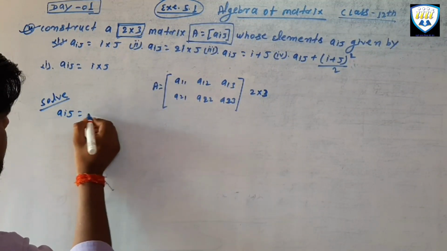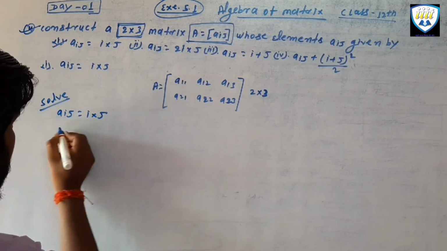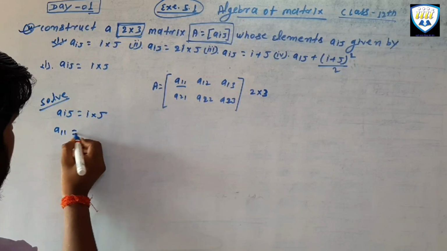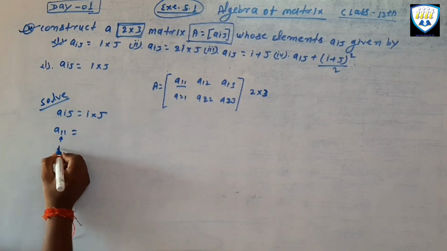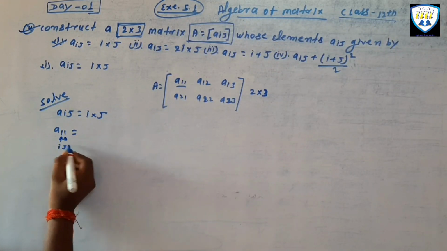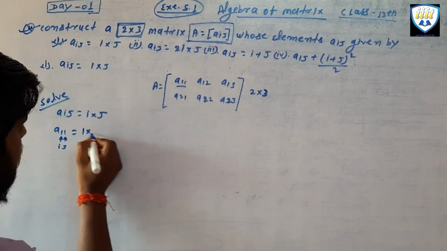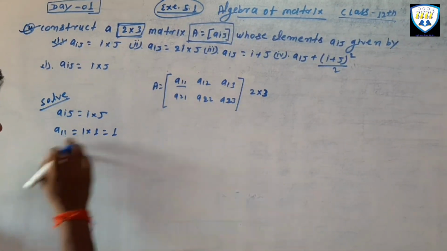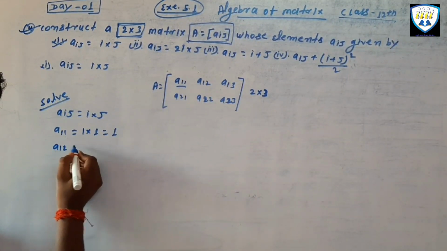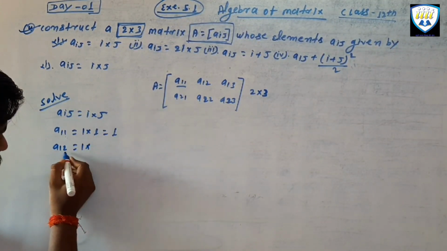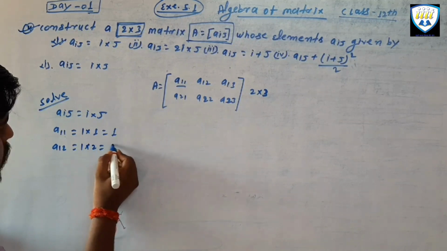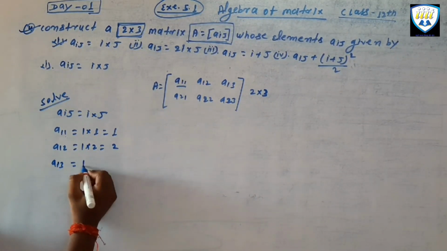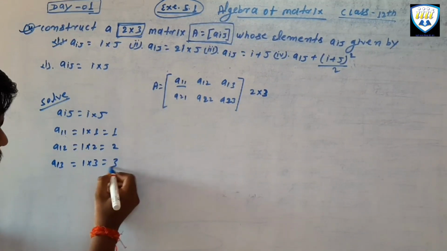Aij equals i into j. A11 equals 1 into 1, which is 1. Any doubt? A12 equals 1 into 2, which is 2. A13 equals 1 into 3, which is 3.